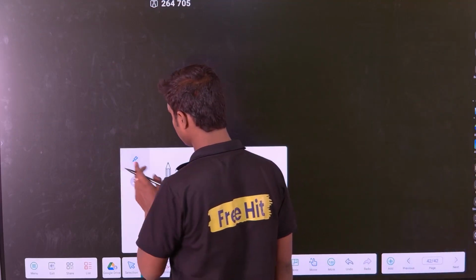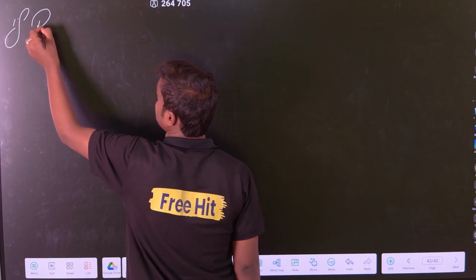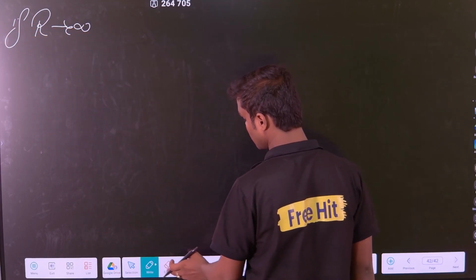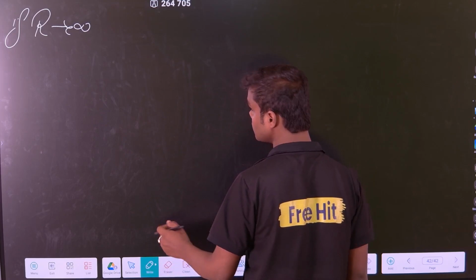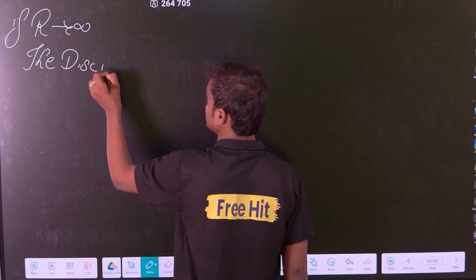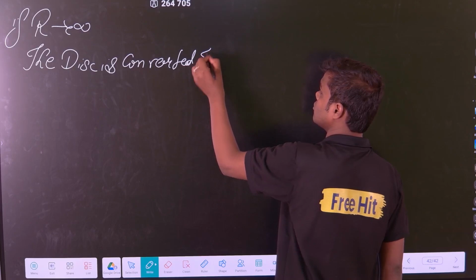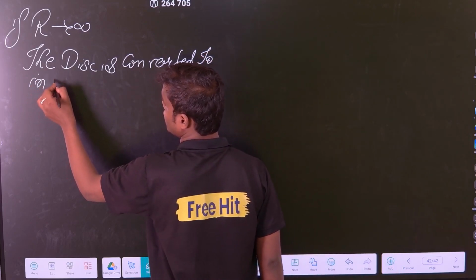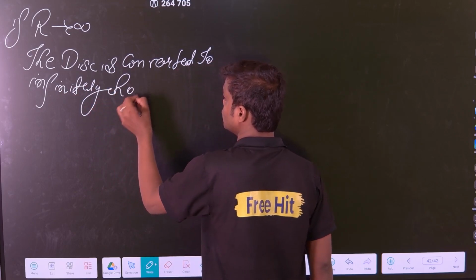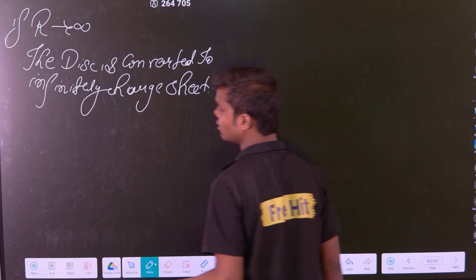Now here we have a special case. Let's see that special case. If my R tends to infinity, if R will become infinity, then the disk is converted to an infinite charge sheet.